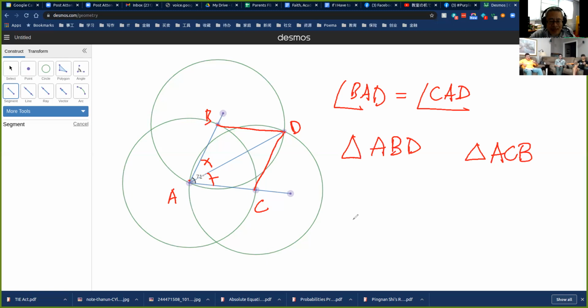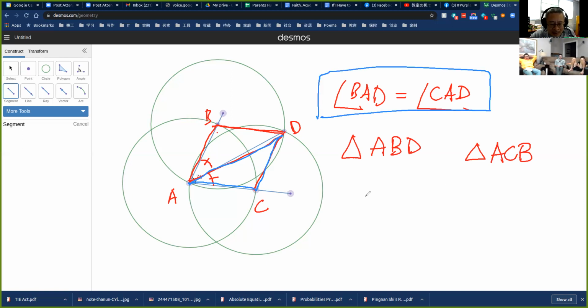One is this one, and one is, going to a different color, this one. Now you can see that as long as we can prove the two triangles are congruent, then of course the angles have to be congruent. So we can prove that BAD is equal to CAD.